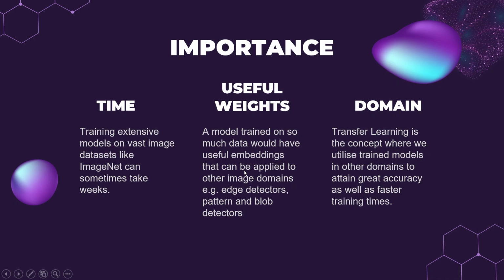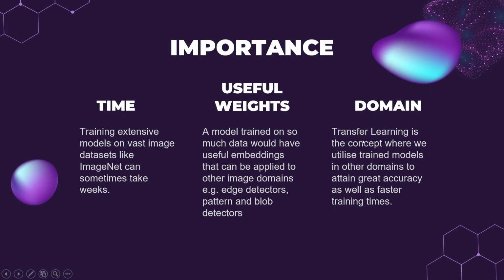A pre-trained model is already trained on a large data set like ImageNet, which contains 1.3 million images. So that model has already learned very important patterns like texture, color, edge detection, and its weight values are very useful, or we can say very powerful. So we can use those weights on our custom data sets.